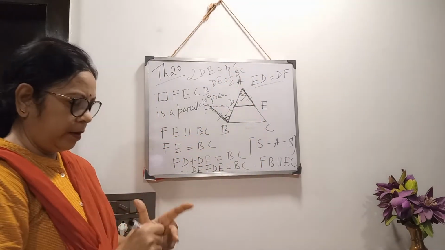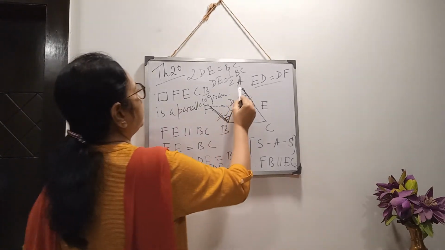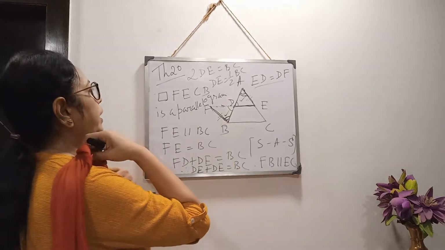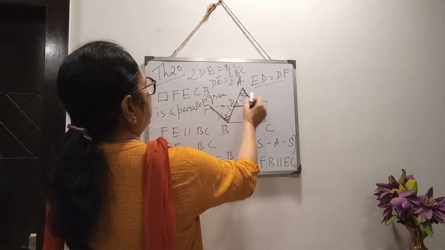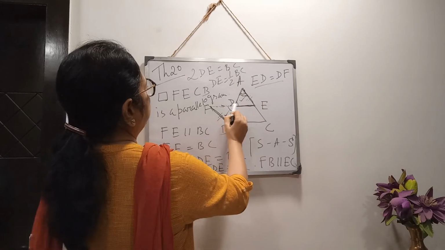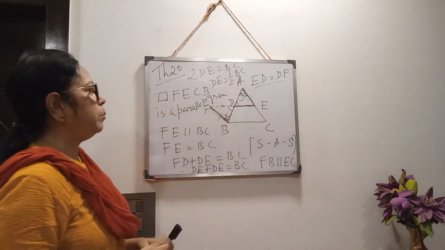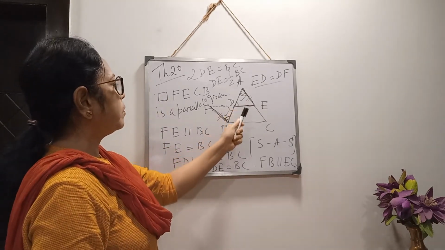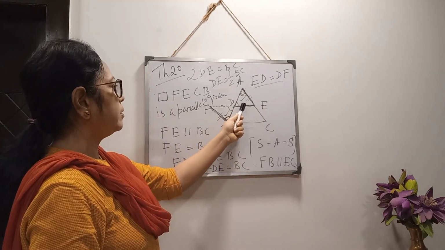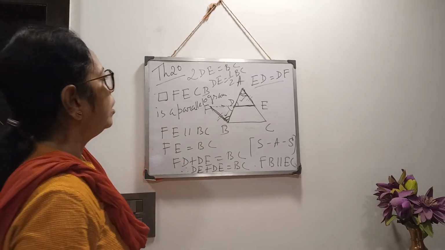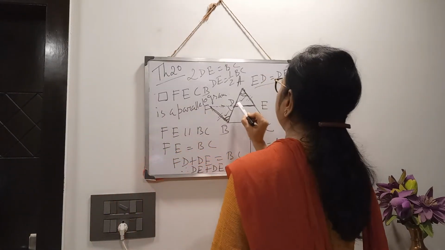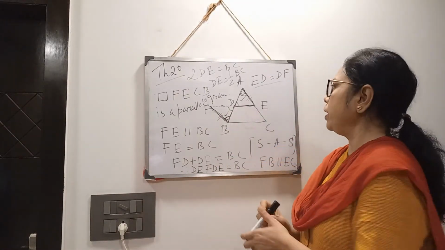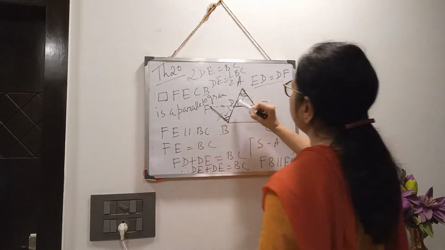Clear? Again I am telling. At first it is given ABC is a triangle, the midpoint of the side AB is D and the midpoint of the side AC is E. DE is the line segment joining the midpoints of AB and AC. We have to prove that DE is parallel to BC and DE is half of BC. To prove this, I have extended ED up to the point F. Then we are getting these two triangles.